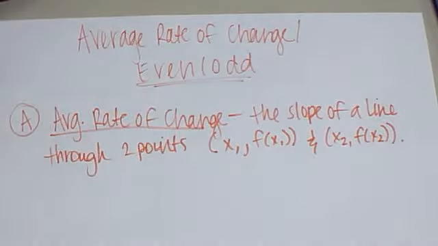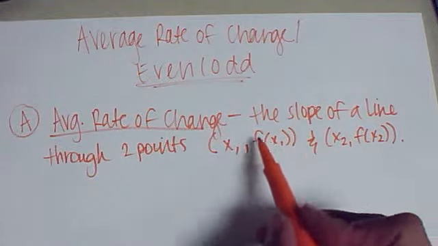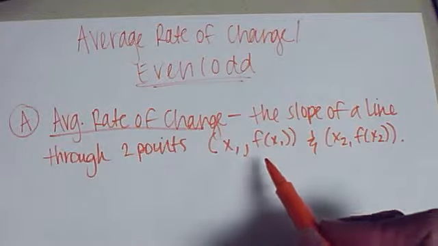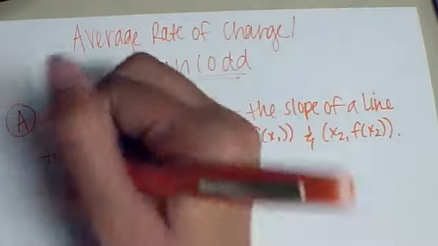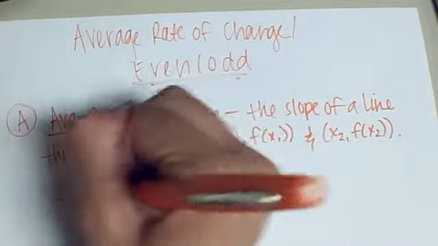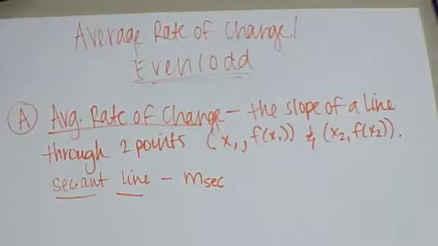You'll notice that the major change here between slope and average rate of change is normally I would call this x1 y1, x2 y2. I'm still talking about a y value, I'm just saying the function at that point, so I'm labeling it a little bit differently. This is also called the slope of the secant line, and it's m secant. So that's just kind of some notation.